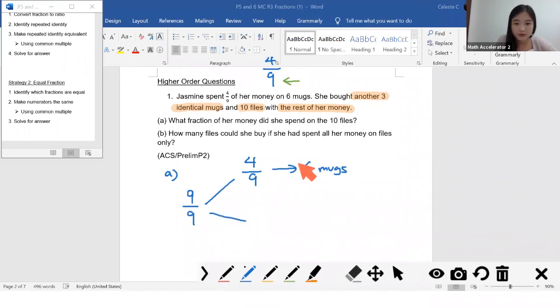So what is the rest of her money? Yes, 5 out of 9. Right, this was spent on 3 identical marks, which is the same marks as this, 6 marks here. Right, and then 10 files.